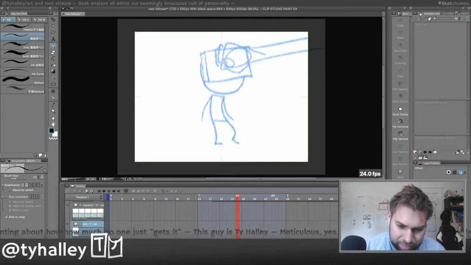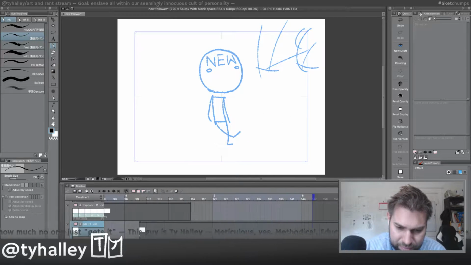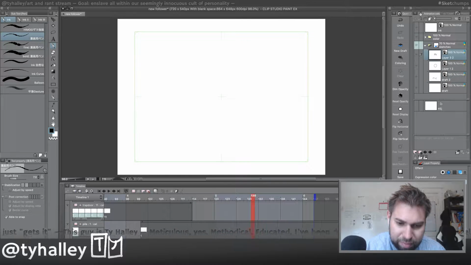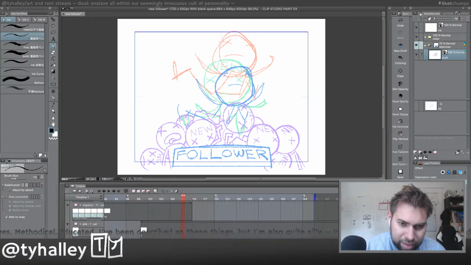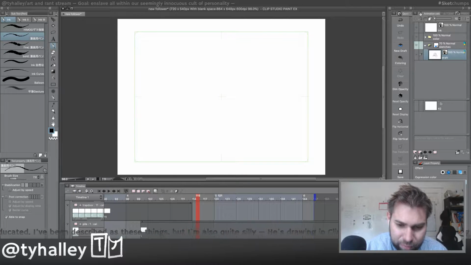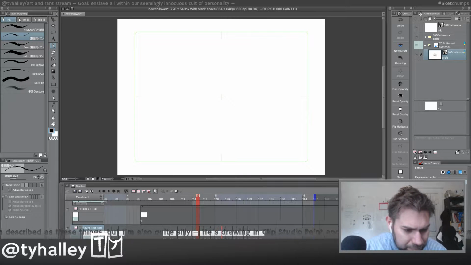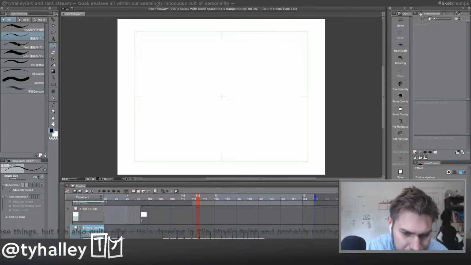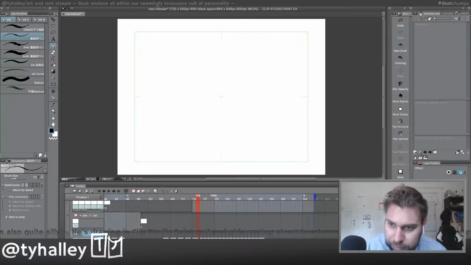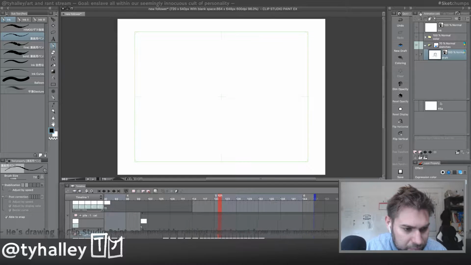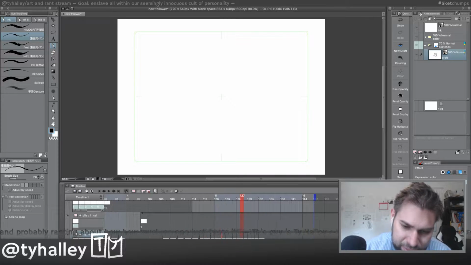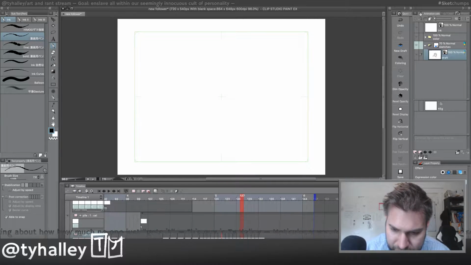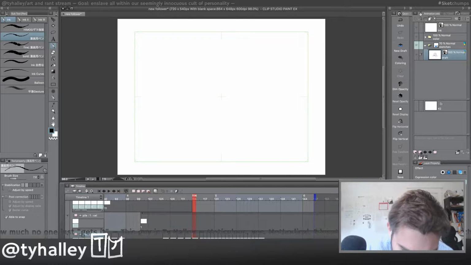Why is this last frame? What's going on with these frames? I drew stuff in them. Why can't I see them? I don't understand why I can't see this, because I know they're there.